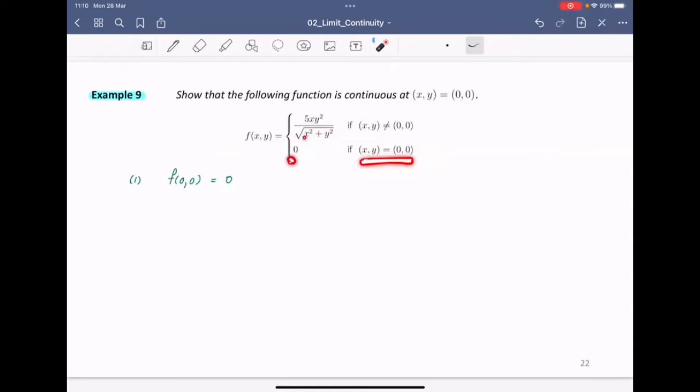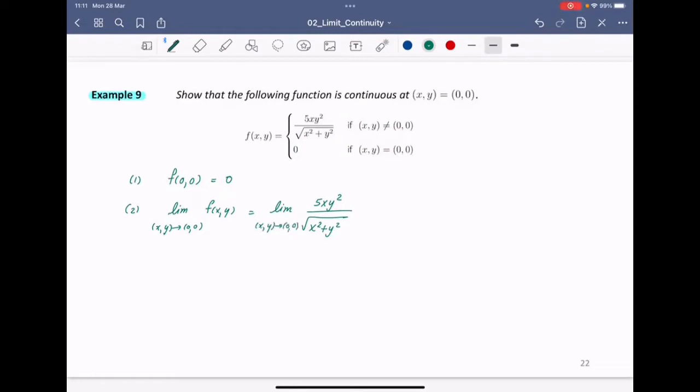Do not plug in (0,0) here because this is the case where (x,y) is not equal to (0,0). Number 2, we need to compute the limit of f(x,y) where (x,y) goes to (0,0). Everyone saw from last time that this is the function that we need to compute the limit of: 5xy squared over the square root of x squared plus y squared.